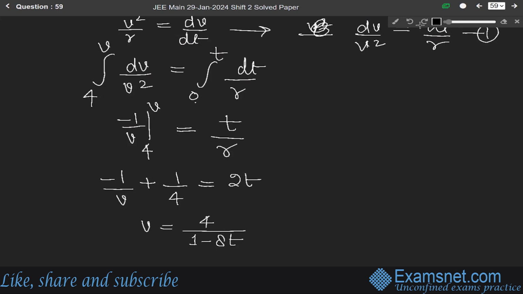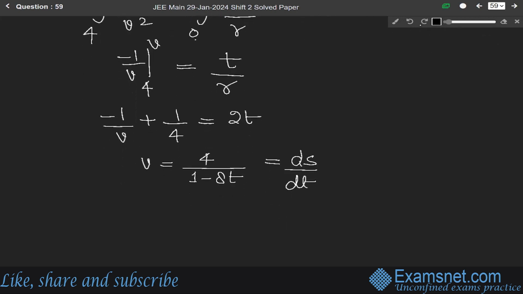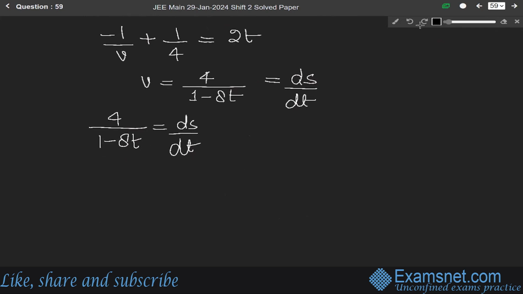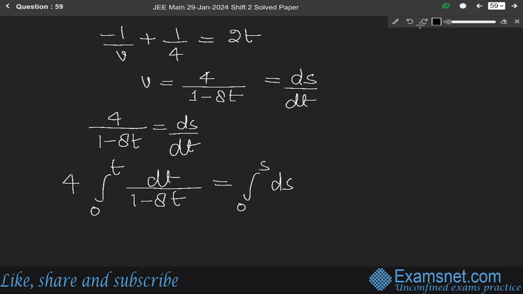Okay. And velocity is what? dr by dt, which means ds over dt. So this 4 over 1 minus 8t is equal to ds over dt. Now again integrating it, we get 4 integral 0 to t dt over 1 minus 8t will be equal to integral 0 to s ds.